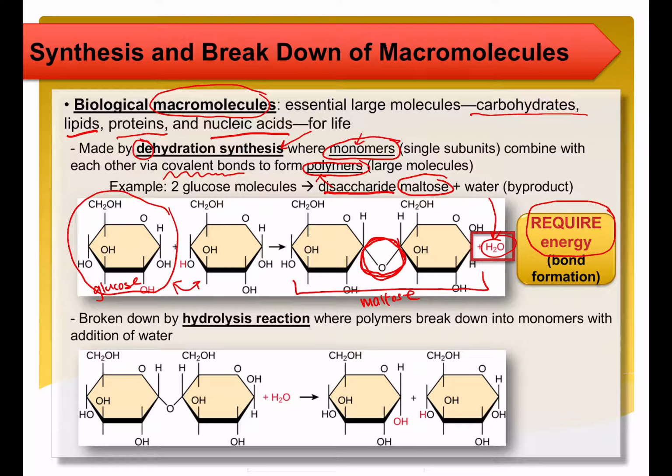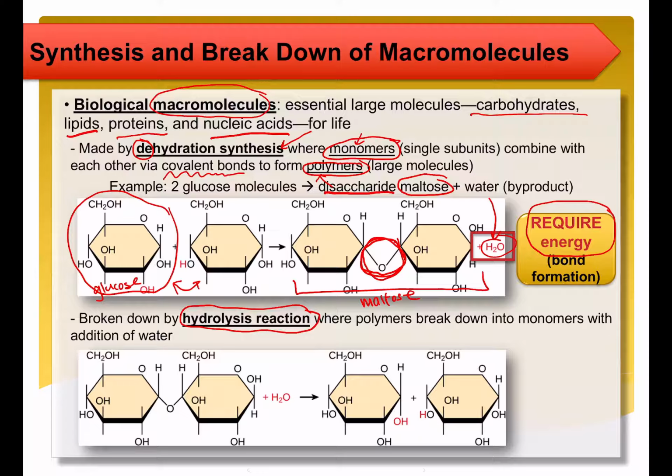What happens there? Whenever we break a covalent bond between a polymer and split it back into monomers, this process is called a hydrolysis reaction. This time, instead of removing water, that's why it's not called dehydration, we are adding water, and that's why we call it a hydrolysis reaction.